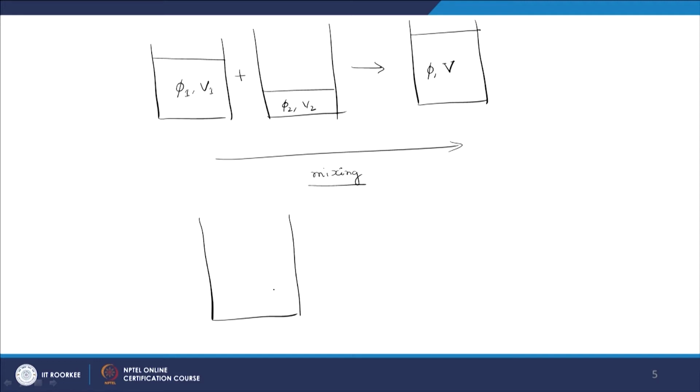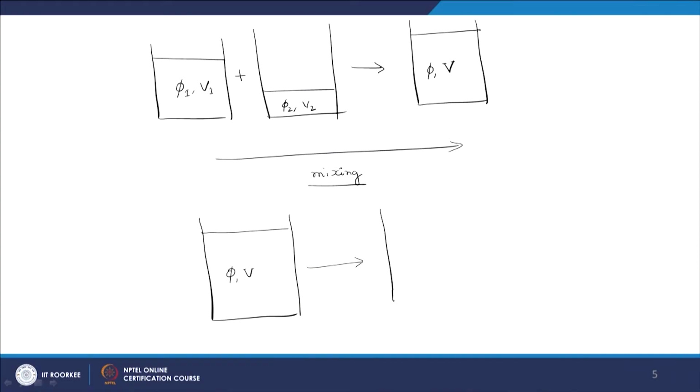On the other hand, even if I manage to mix a system to have a certain volume fraction phi and volume V, but the system does not have a tendency to remain homogeneous or remain in the mixed state, it will phase separate.